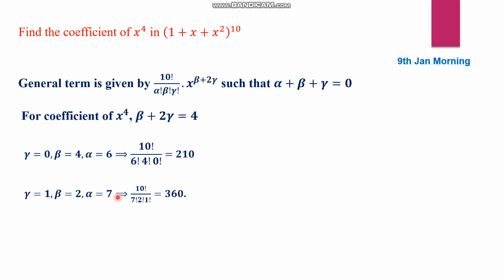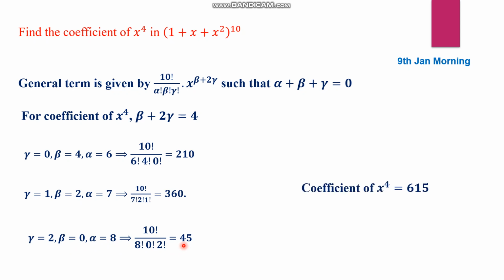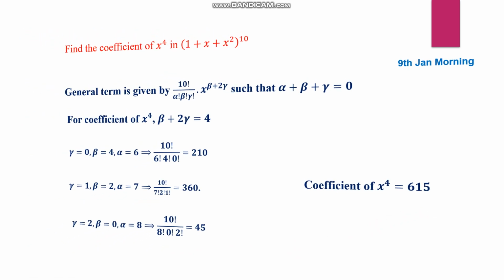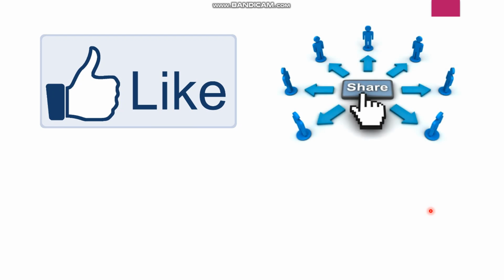And if gamma is 1, beta is 2 and alpha is 7, then the value simplifies to 360. And if gamma is 2, beta is 0 and alpha is 8, the value simplifies to 45. So add them all, we get the coefficient of x to the power 4 as equal to 615.